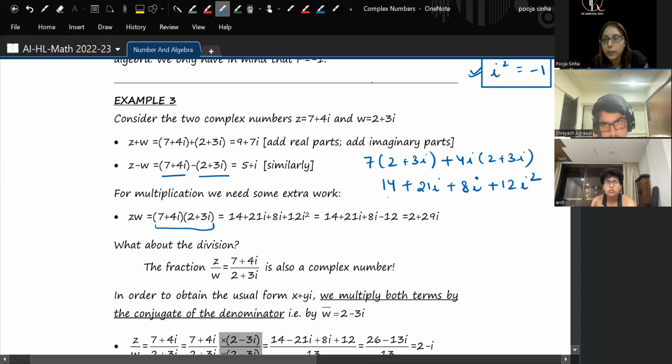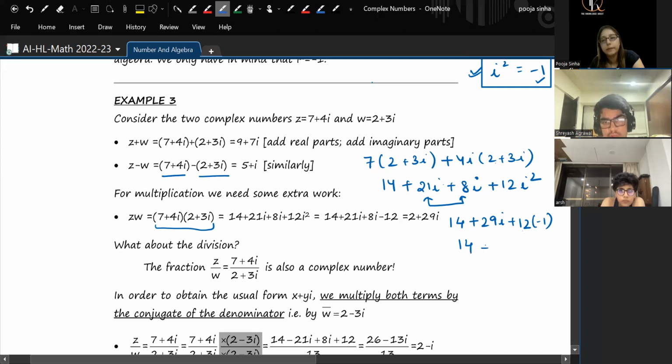Now, can I operate on these two? Yes, 21i and 8i, how much will the answer be? 29i. Now come to i square. What did I tell you? i square is minus 1. So can I write it as minus 1 into 12, which is minus 12?